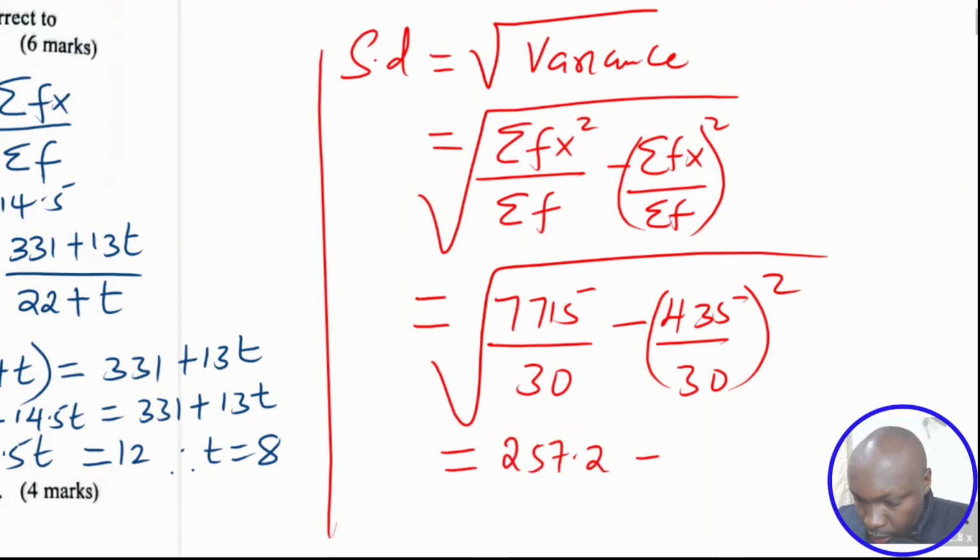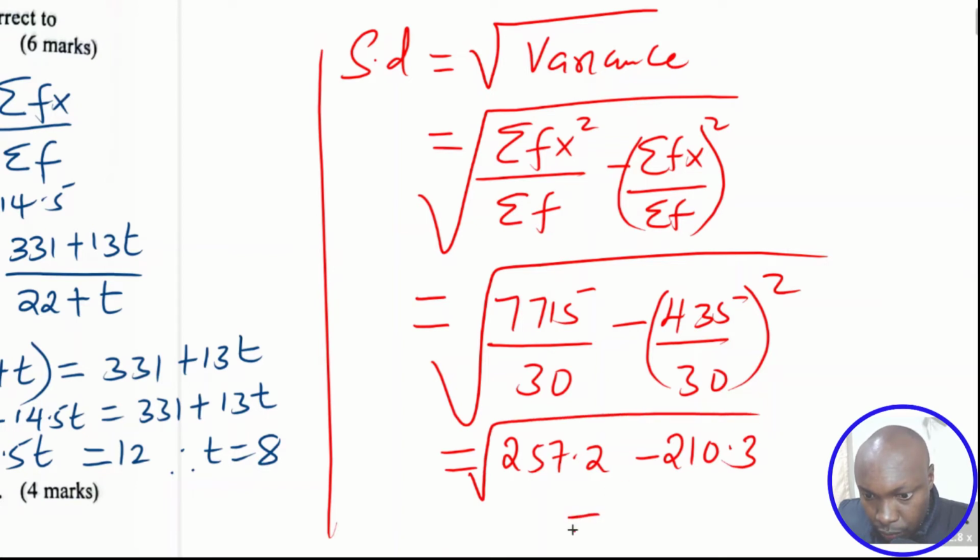Then subtract 435 divided by 30, which will be 14.5. 14.5 squared, we get 210.3. Then you get the square root of that. So let me subtract these. 257.2 subtract 210.3, we get 46.9.